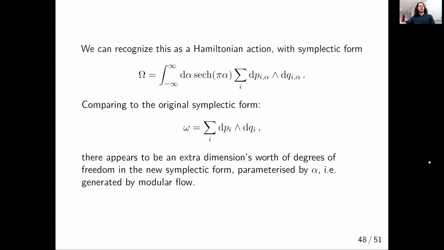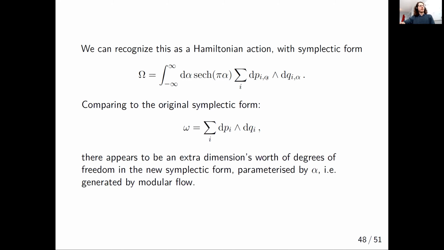So if we compare to the original symplectic form, we can see that there appears to be an extra dimension's worth of degrees of freedom. And these are parameterized by alpha. So in capital omega, we're integrating over alpha with a certain measure, sech pi alpha. And we're integrating over all of these degrees of freedom.